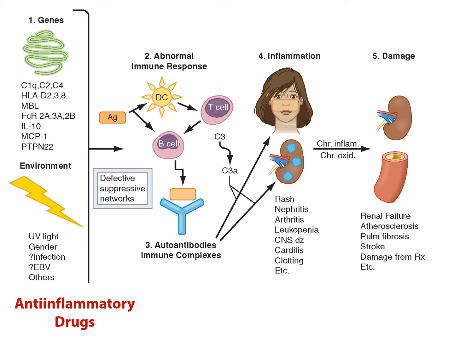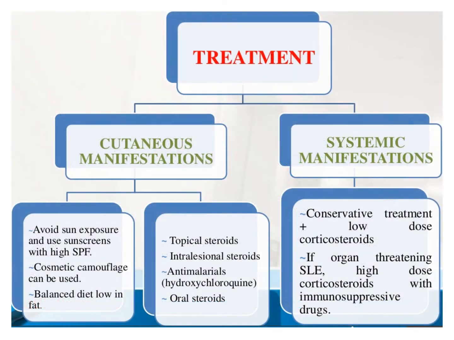So what are we going to do? We're going to use anti-inflammatory drugs. We're going to use immunosuppressants and anti-metabolites, not far away from either rheumatoid arthritis or gout. So that's what brings these things all together: we're going to use similar drugs that we've seen before.